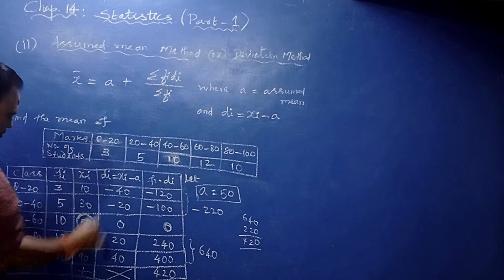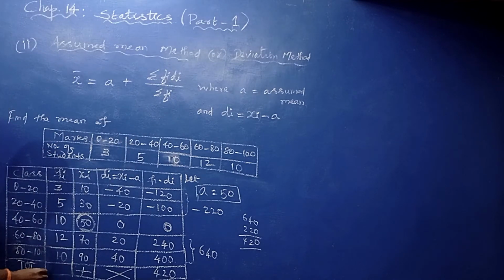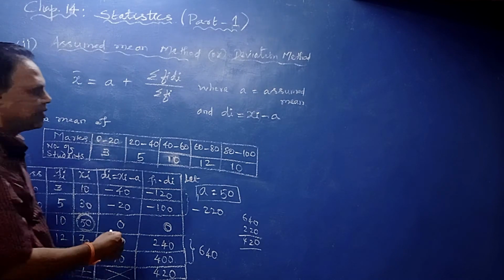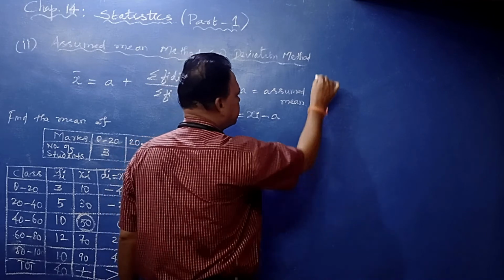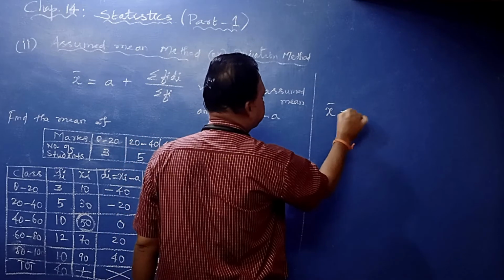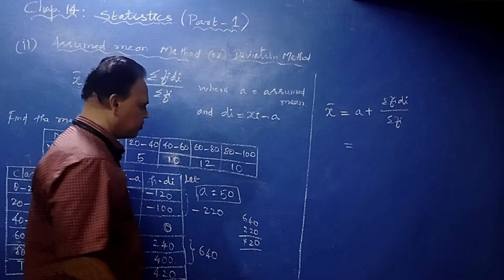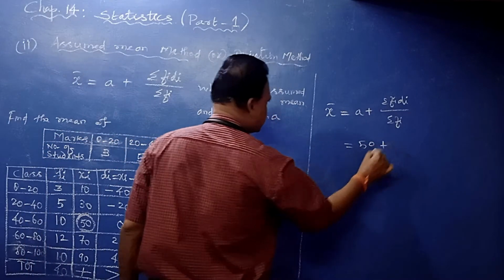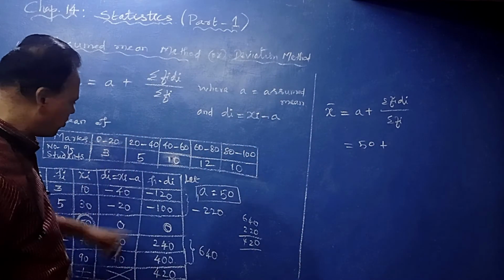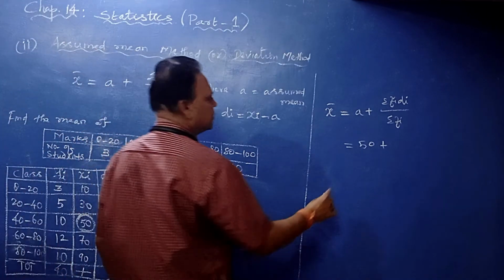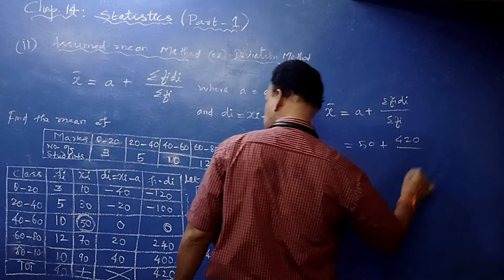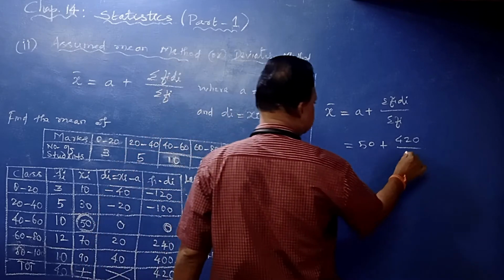The denominator is sigma fi. So this total is required. If you put this total, how much will you get? 8, 20, 40. Right. 20 and 20, 40. 40 you will get. Now you write the formula. That is x bar equals what? 50 plus this one, 420, sigma fi di is 420, by sigma fi is 40.